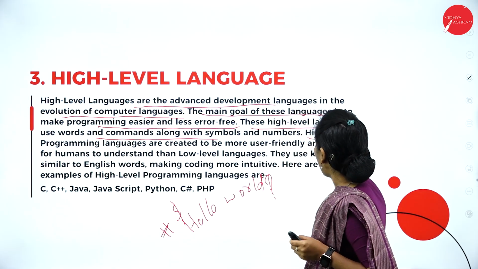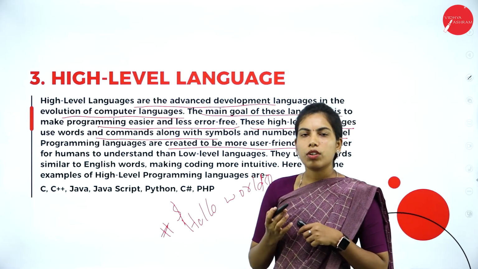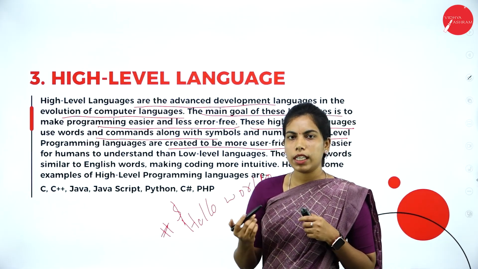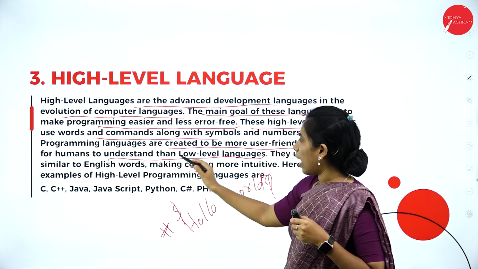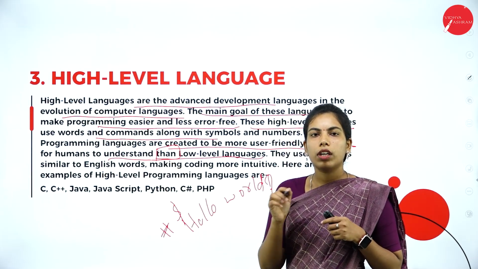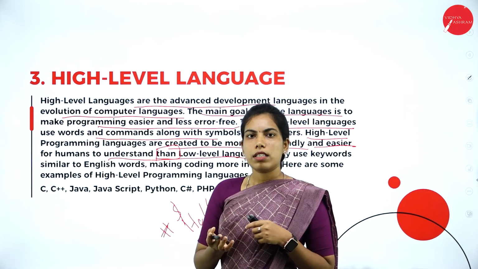Also, high level programming languages are created to be more user friendly. So the user, that is the human being, can understand. That's why it's a user friendly language, and also easier for humans to understand than the low level language. Low level language is nothing but a language that is not human understandable.